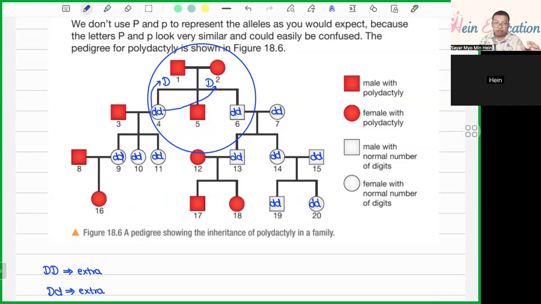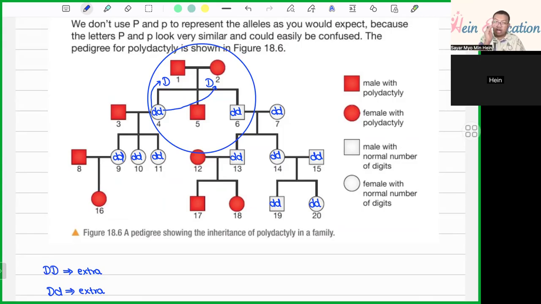If both individual 1 and individual 2 were homozygous capital D, then all the offspring they produce would inherit capital D, and for sure they would all have the extra digits.